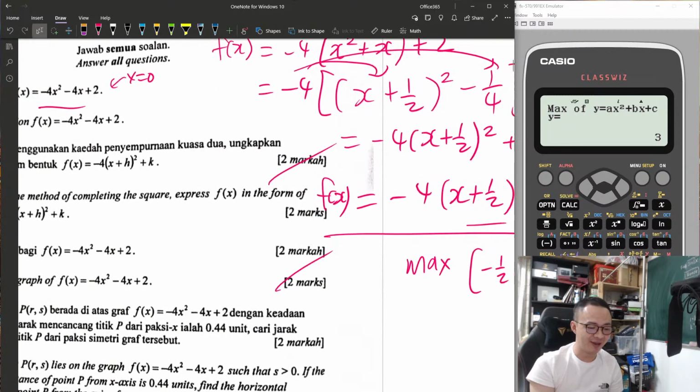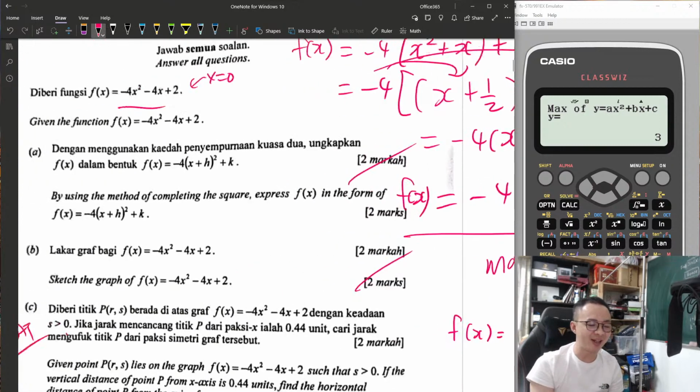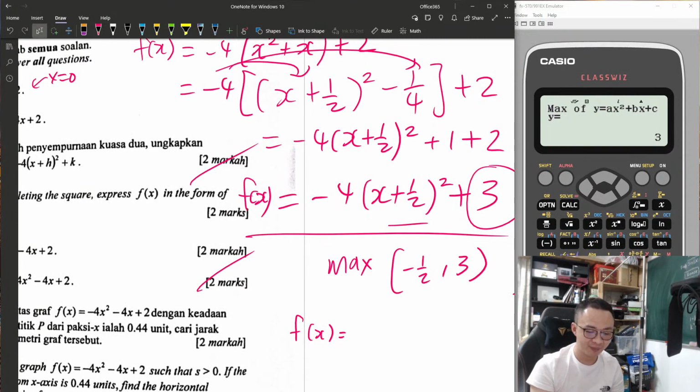So I got my f(x), right? So therefore, my f(x) is 0.44, right? f(x) equals, you can sub in any equation you like, it doesn't matter. But okay, never mind, (x + 1/2)^2 + 3.